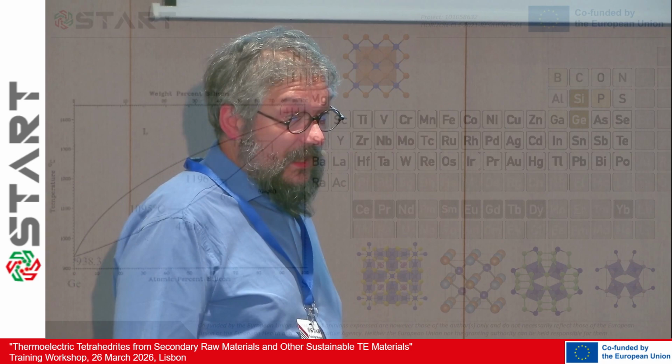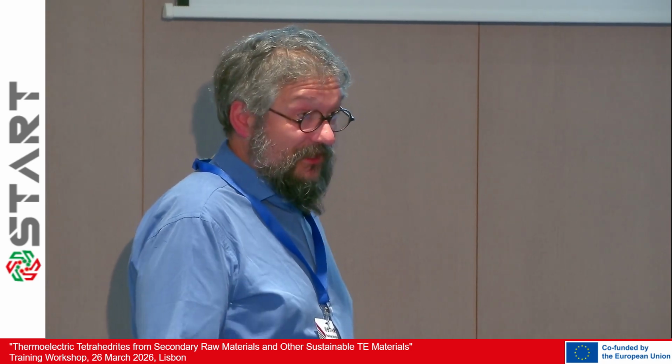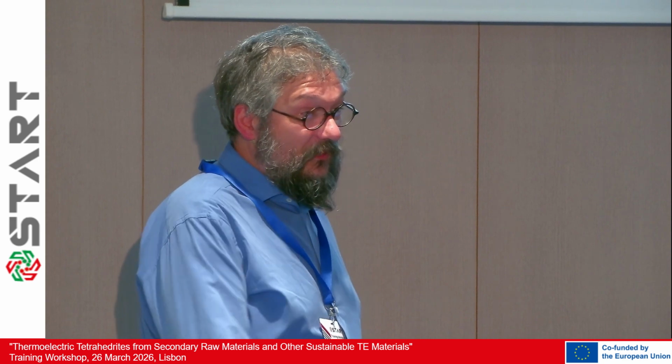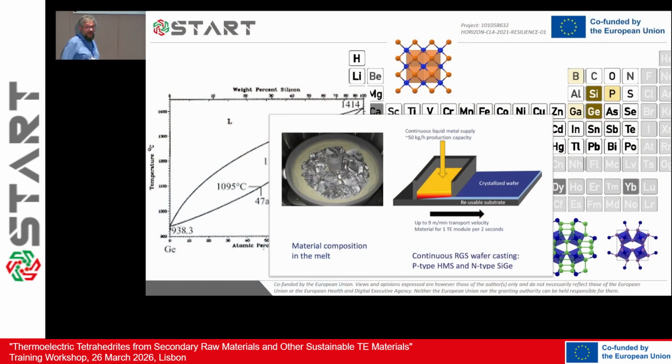This can be done, and Thermagy is doing that quite neatly with a process that they will describe later on, in which the melt is cooled quickly using a moving and usable substrate. The materials are put together, melted, and then crystallized into wafers. This allows going across this zone quickly and avoiding the segregation and separate formation of other phases.